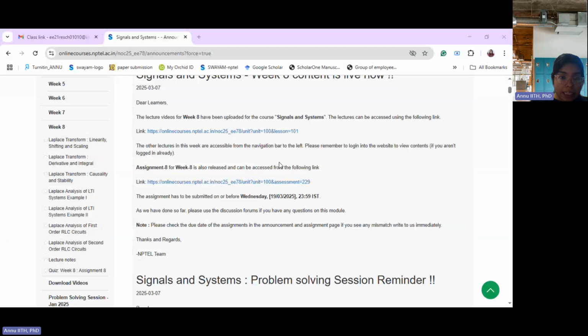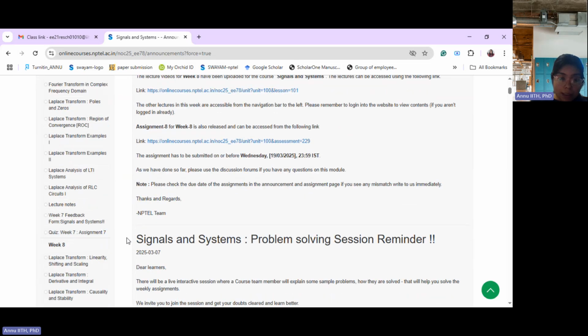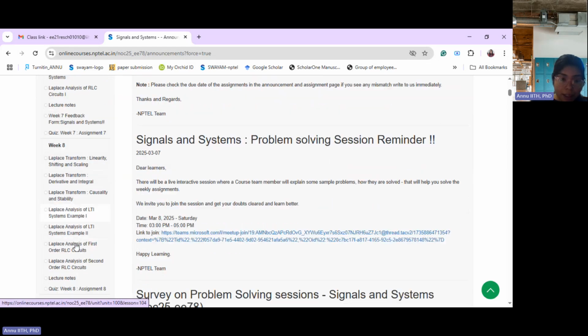You can see week 7, I covered almost all the topics: frequency transform, Fourier transform, Laplace transform, one example, two examples, LTI systems, RLC circuits, all the things that were covered in the class. In week 8, we'll have Laplace transform, linear transform, shifting, and all those things.